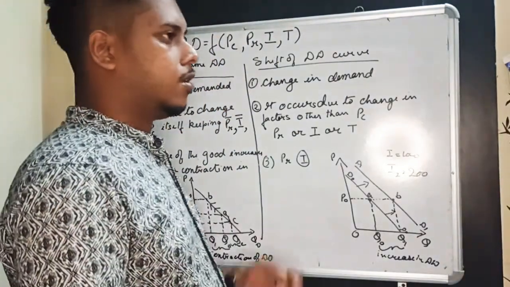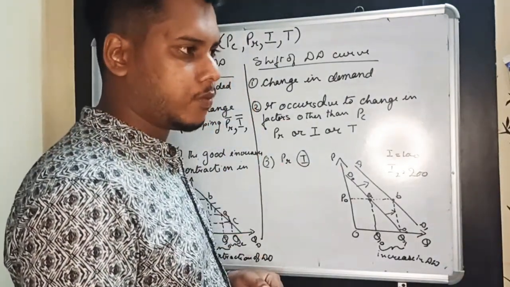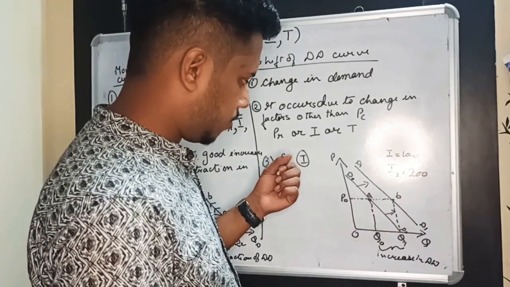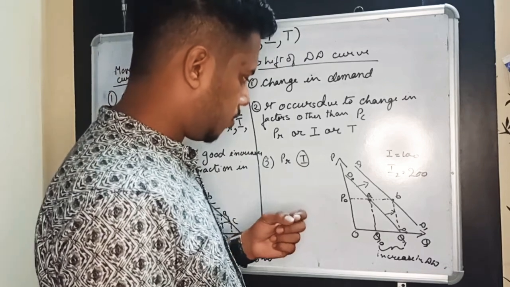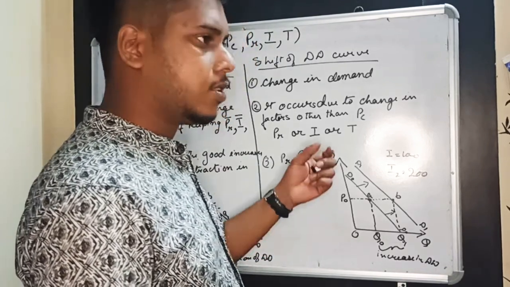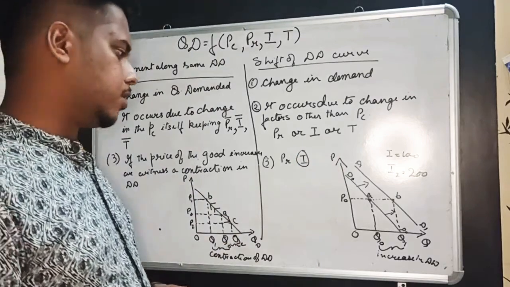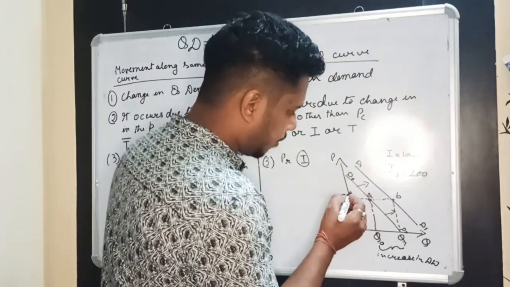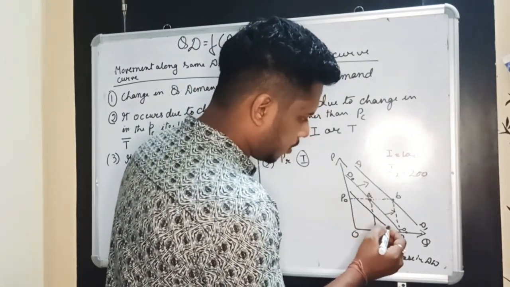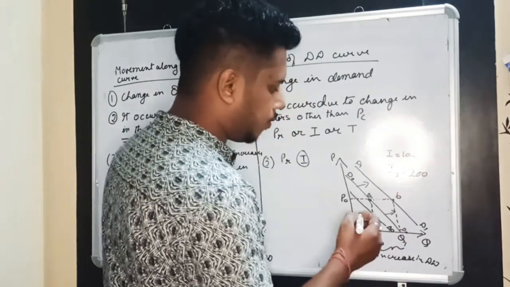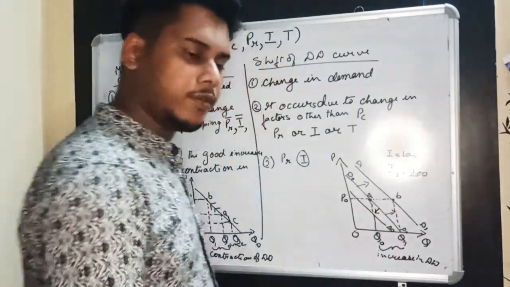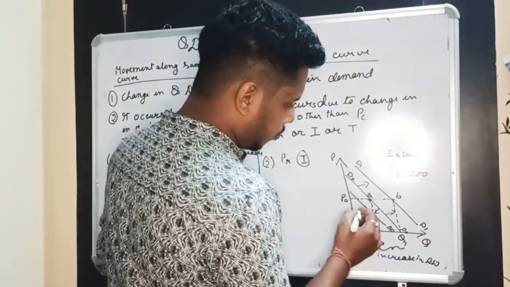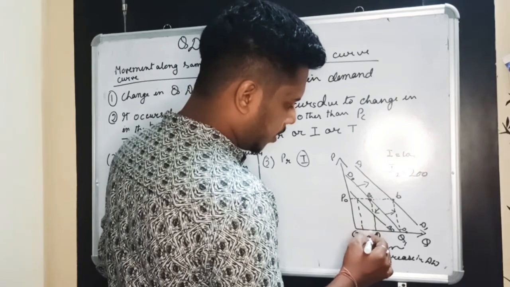Whereas on the contrary, let us consider a circumstance where a fall in the level of income would shift your demand curve leftward, and thus we will witness a decrease in demand.